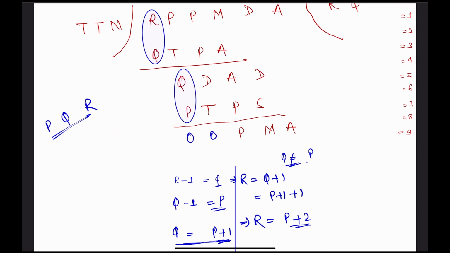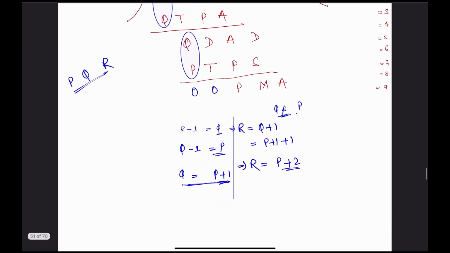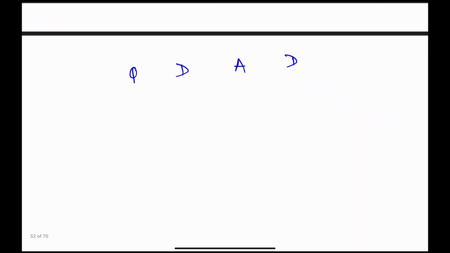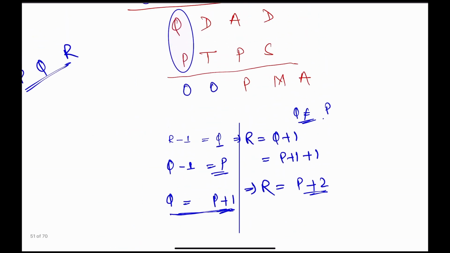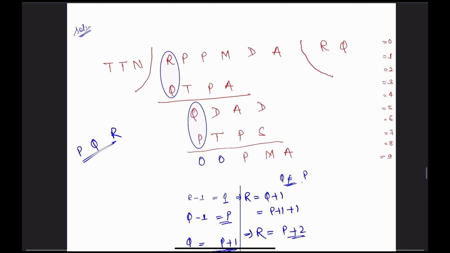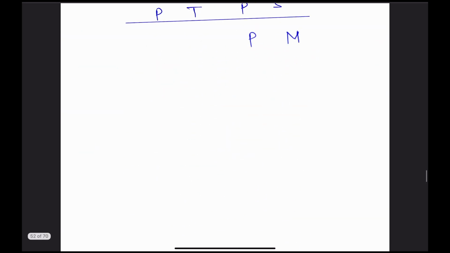One more thing is happening, let's bring this whole qdad minus ptps, to which if I just subtract, I'm getting pm, not to mention that this a is coming after this subtraction is finished, in the next one.